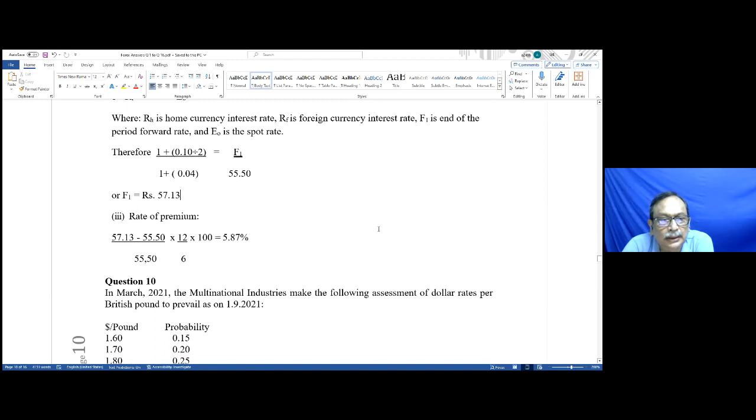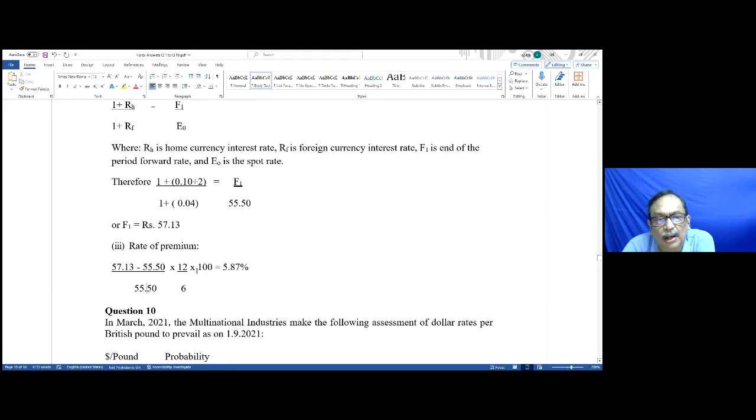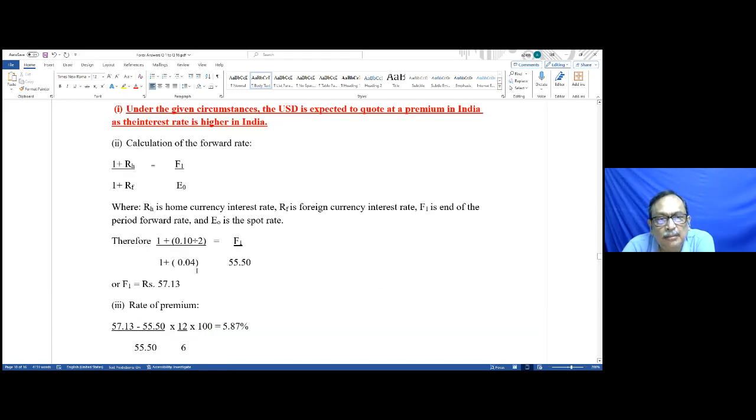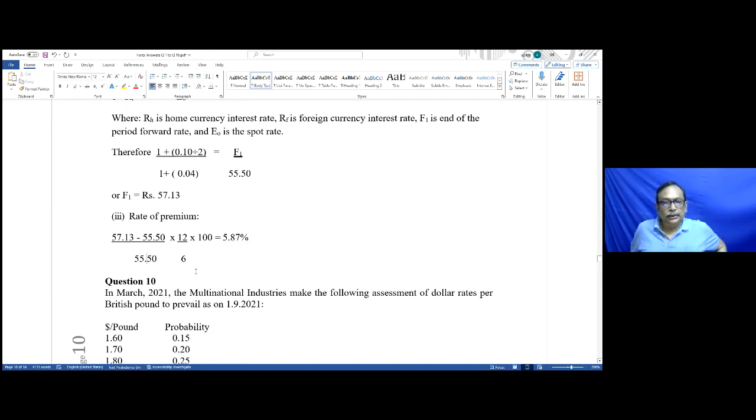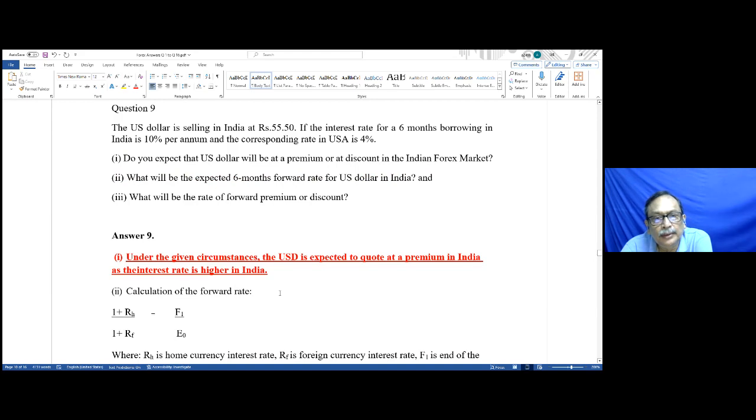(57.13 - 55.50) / 55.50 multiplied by 12/6 into 100, it comes to 5.87%. So this is a problem.